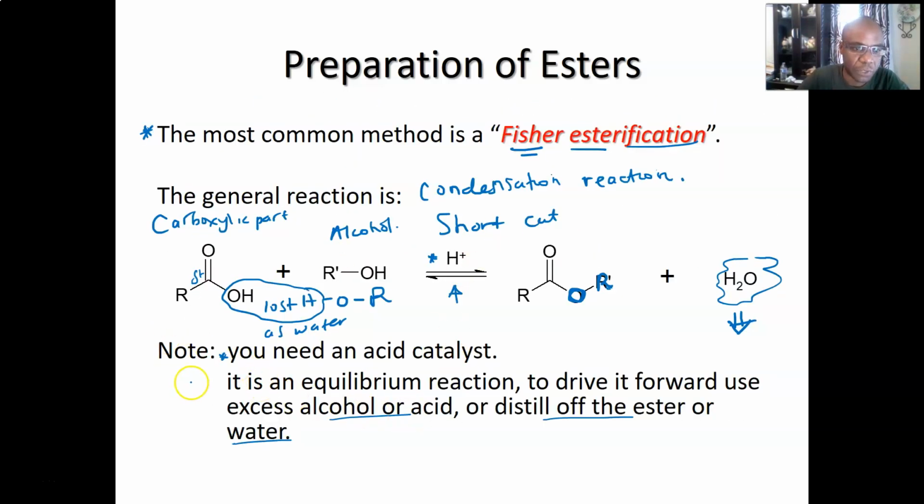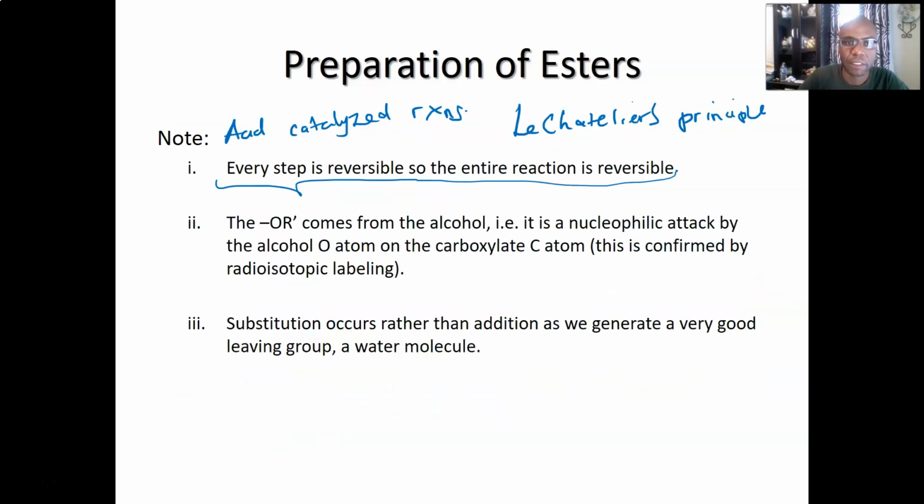If you want to push the reaction forward, keep taking out the water as it's formed. You're creating space on this side. The reaction will go mostly forward rather than backwards. You will be getting rid of the reversibility of each step.